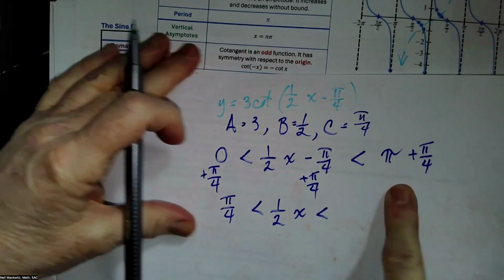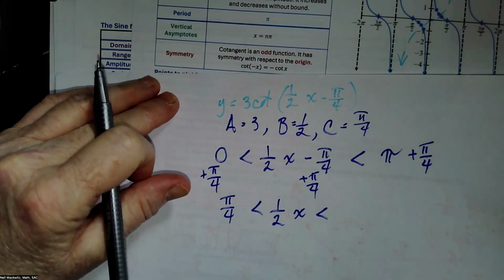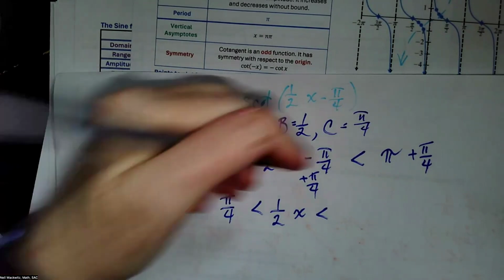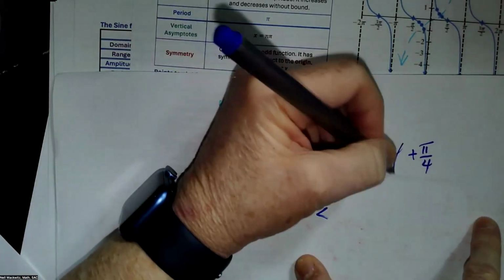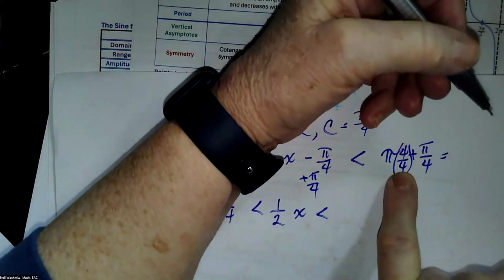How can I combine pi with pi over 4? Multiply pi by 4 over 4. Good. And that gives us 4 pi over 4 plus pi over 4, or 5 pi over 4.